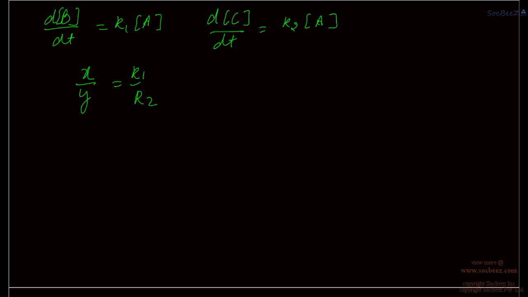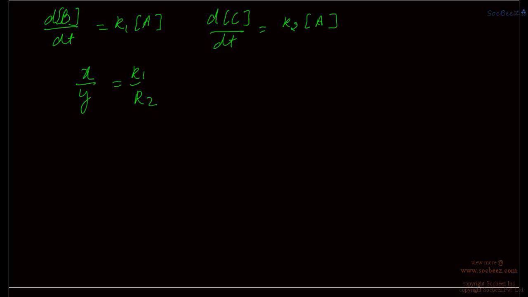Therefore, the ratio at which they will be formed after time t equals the ratio of their respective rate constants, or more precisely, specific rate constants.